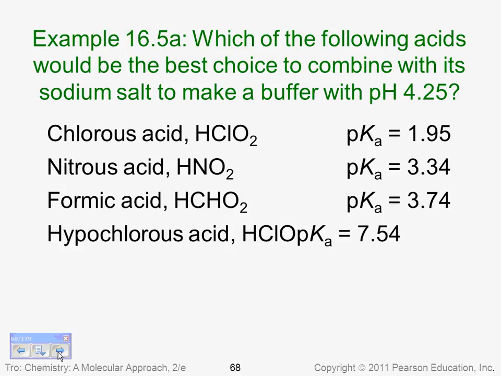So, practical thing right here, let's make a choice. Which of the following acids would be the best choice if I want a pH 4.25 buffer? Which one would be the best choice? There's chlorous acid, nitrous acid, formic acid, hypochlorous acid.